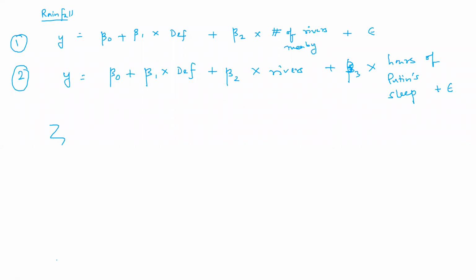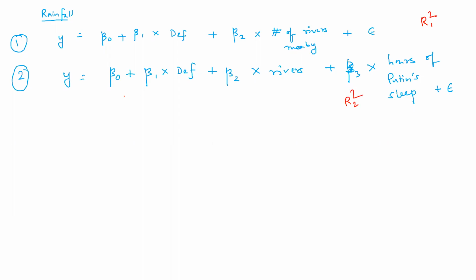So exactly the same variables, but along with those two same variables, I also got one extra variable, which is hours of routine sleep, which has practically no relationship with the rainfall. I got here R square, I call it R1 square, here R2 square.